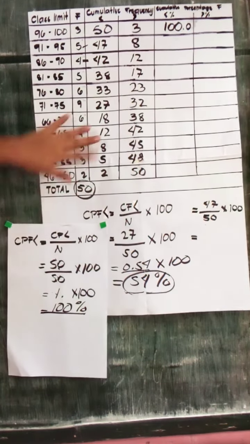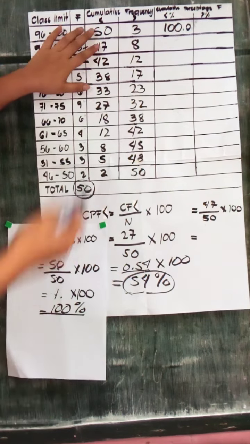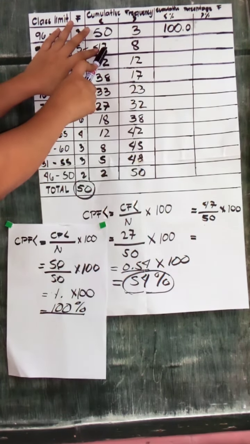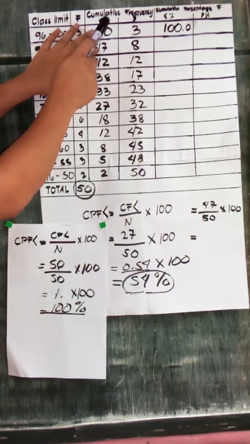So here we go again: 47 divided by 50 is equal to 94%.